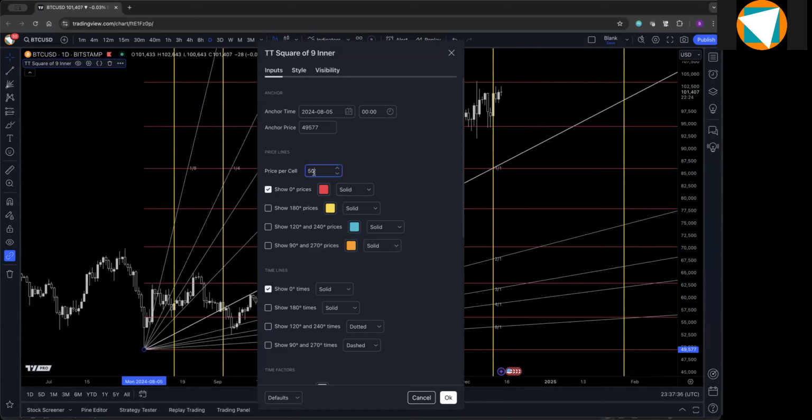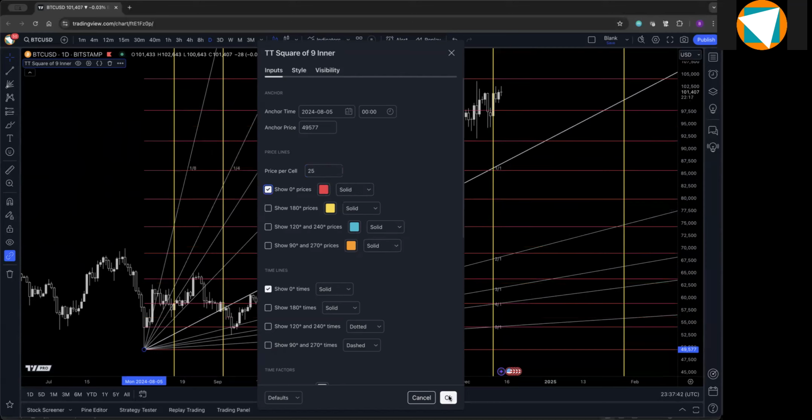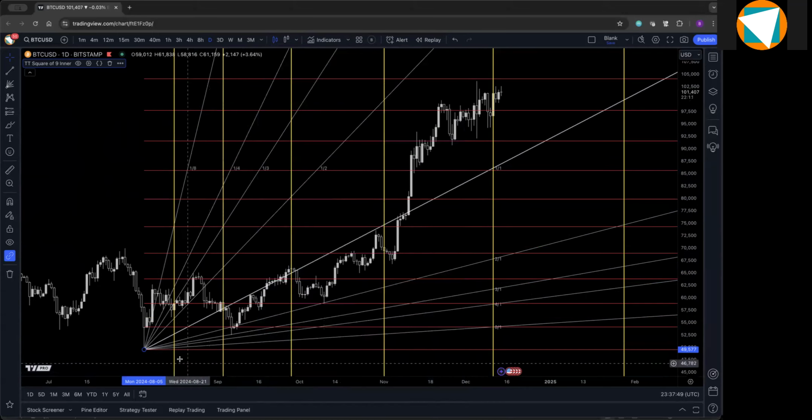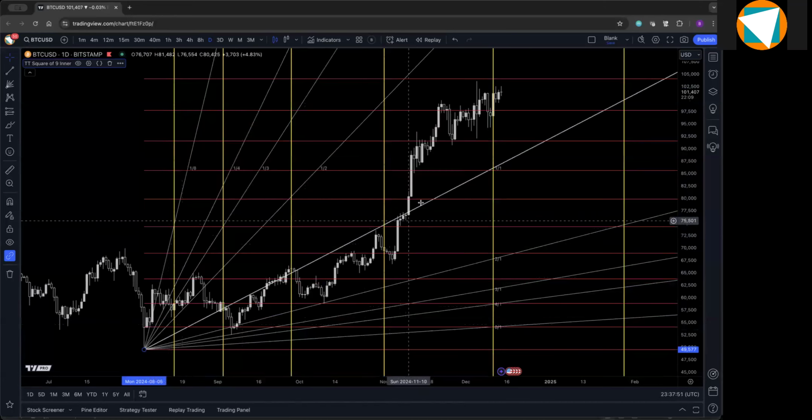So let's keep going. Let's give it a try. Let's see if we can get an even better Gann fan by shrinking it from 50 to 25. Okay. So now we need to re-anchor our Gann fan. So we've got diagonals here, here, here, here, here.